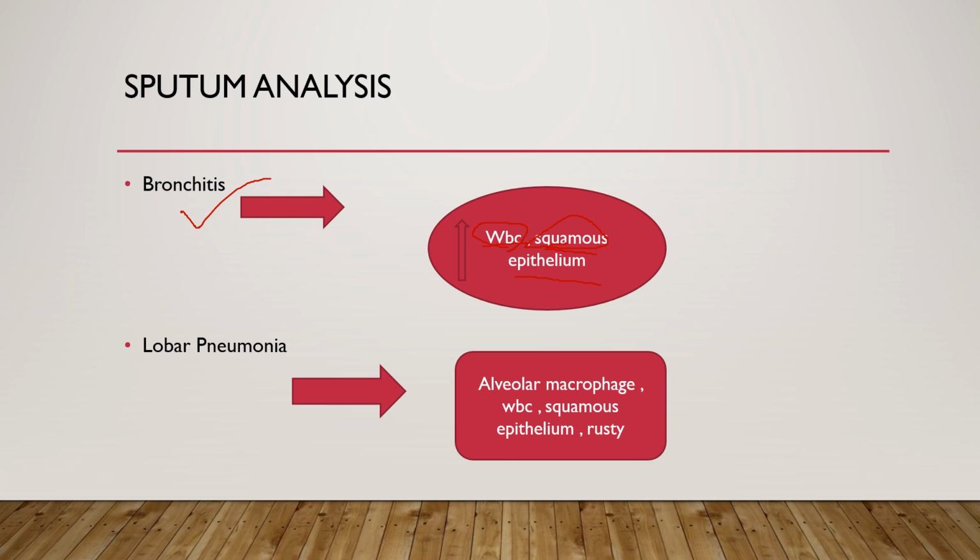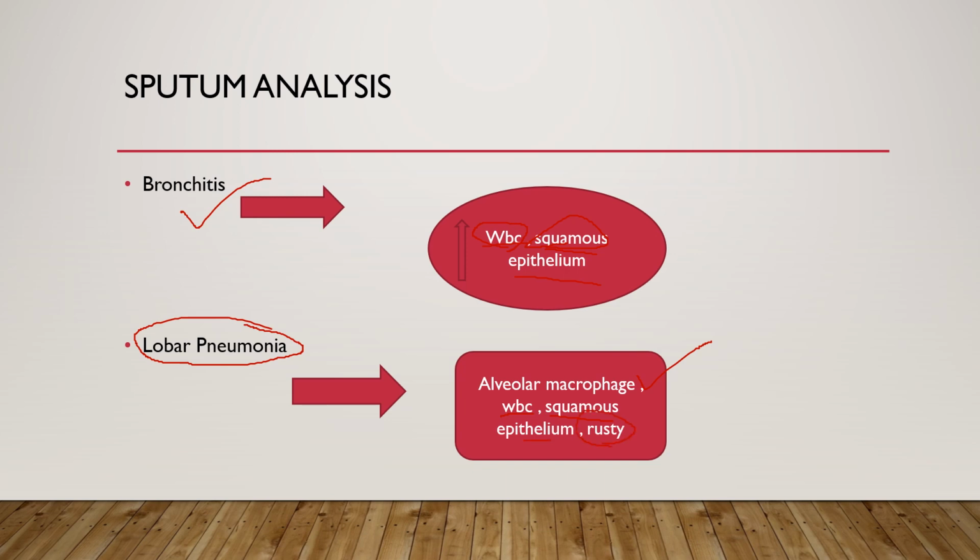Now, the second disease is lobar pneumonia. You can recognize lobar pneumonia when the analysis shows the presence of alveolar macrophages, WBC, squamous epithelium, and mainly a rusty color.